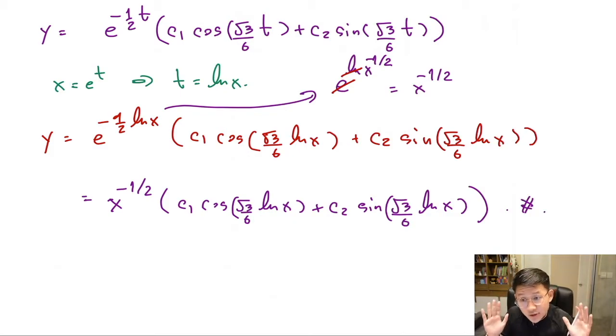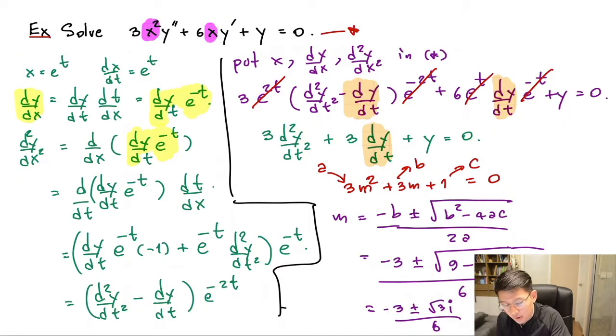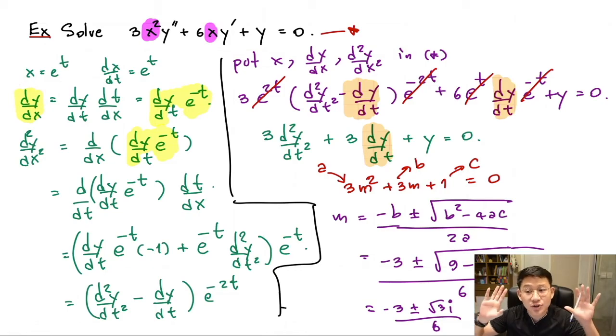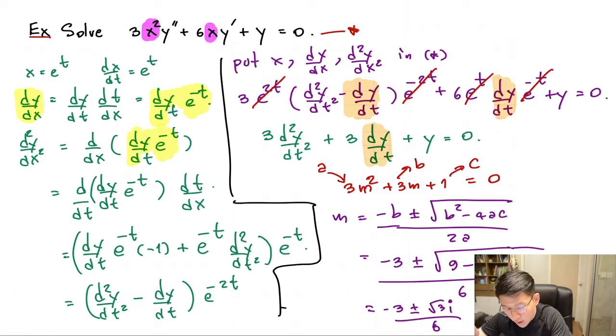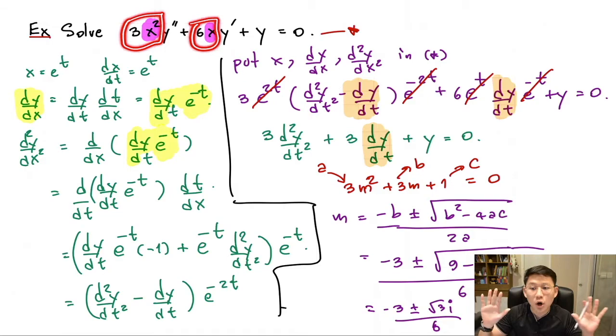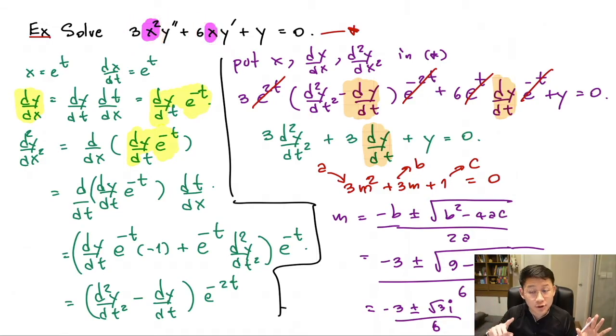See, it's actually not hard. The idea is that first you let x be e to the t, because you can't solve this equation with section 3.1, since the coefficients aren't constants. In 3.1, the coefficients must be constants.